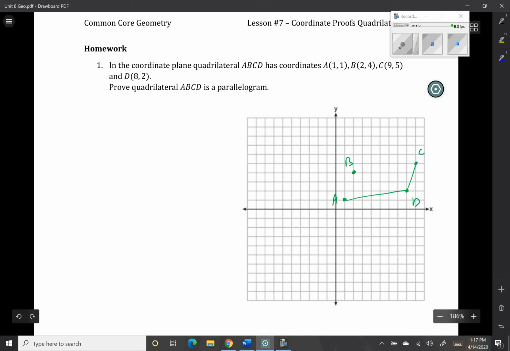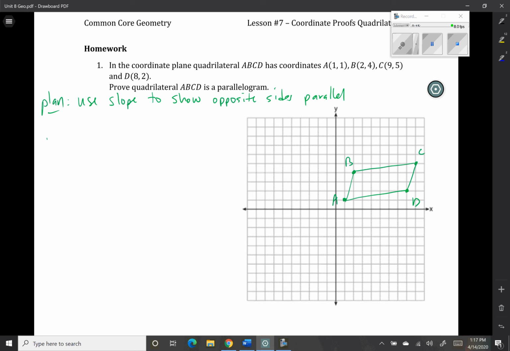All right, so here's our plan. We're going to use slope to show opposite sides are parallel. So I need to find 4 slopes here.